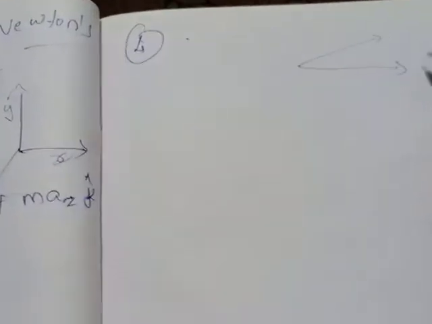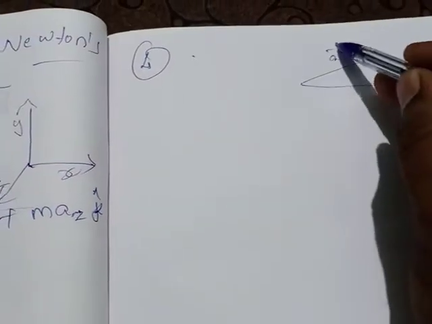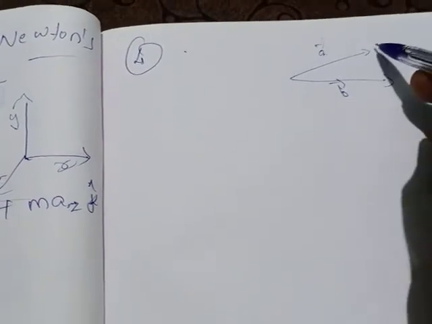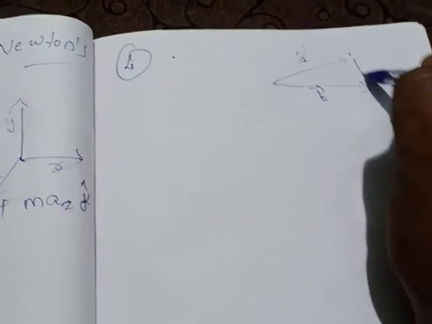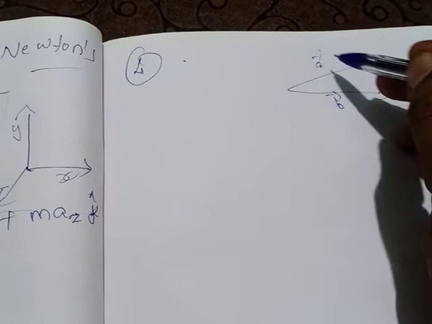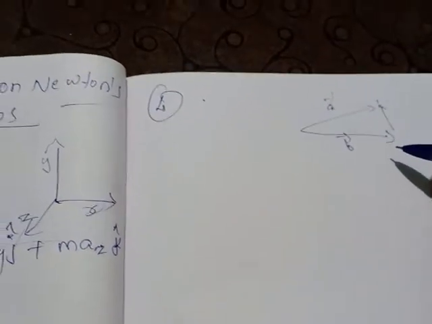One force is acting in this direction and another force in this direction. This we have learned according to the vector law of addition. This is vector A, this is vector B, and we can find this C using the vector addition method. So that is what we have seen.